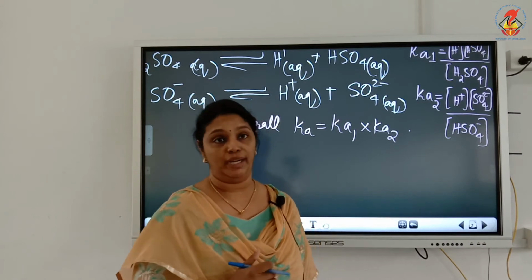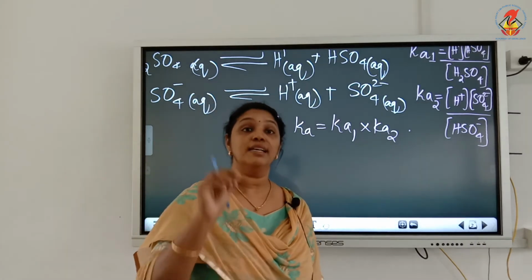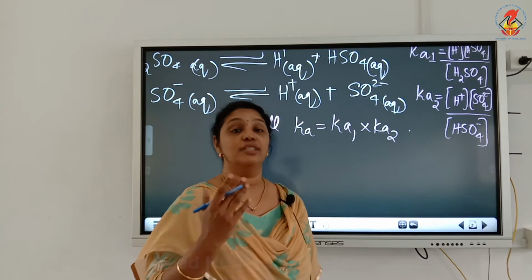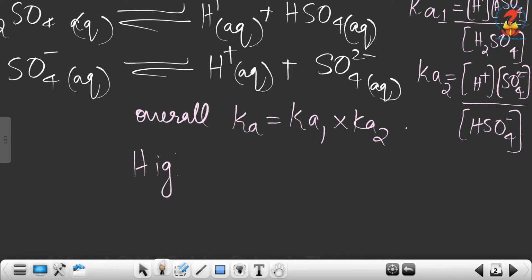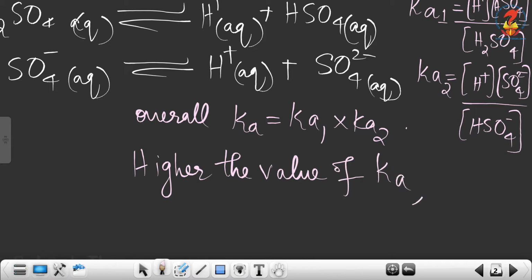Now, how can we predict? The rule is like this: higher the value of Ka, stronger is the acid. So, higher the value of Ka, stronger is the acid.